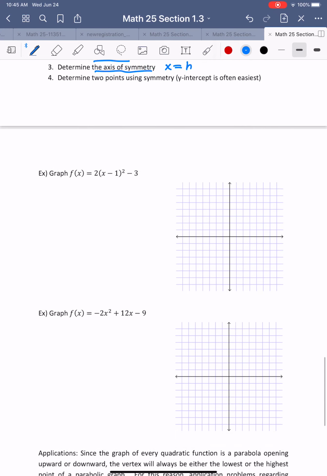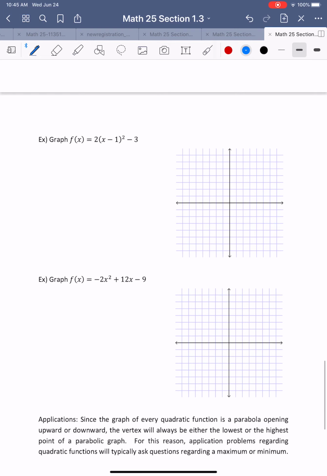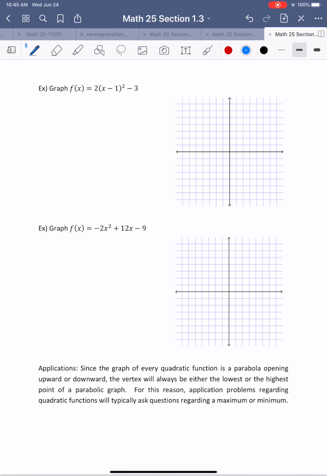All right, next page. Now we are graphing the function 2 times x minus 1 squared minus 3. So a is 2, which is positive, going upward. The vertex is already done for us: it's 1 and negative 3, right here.